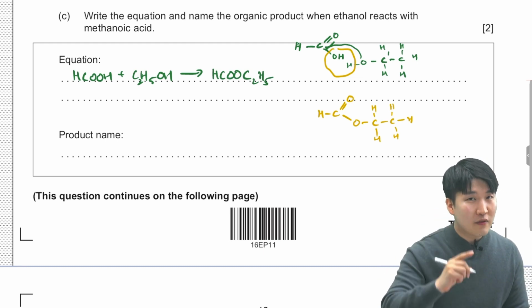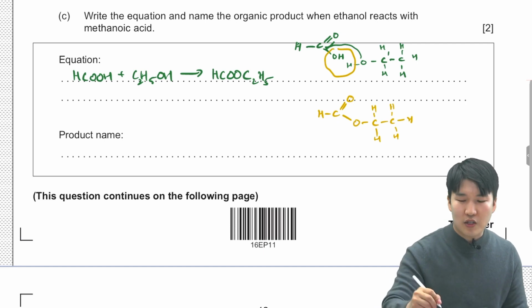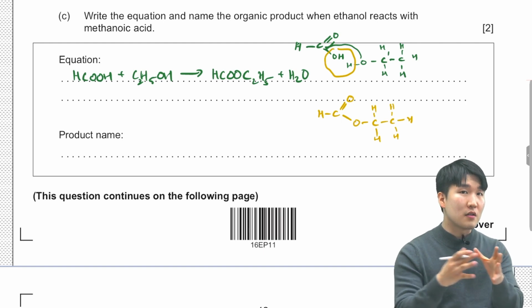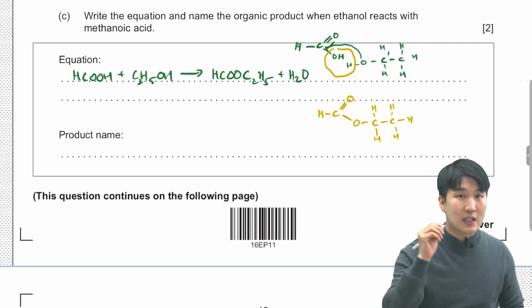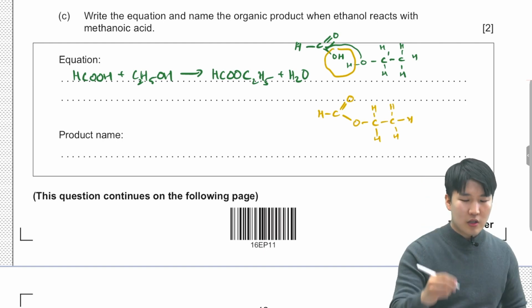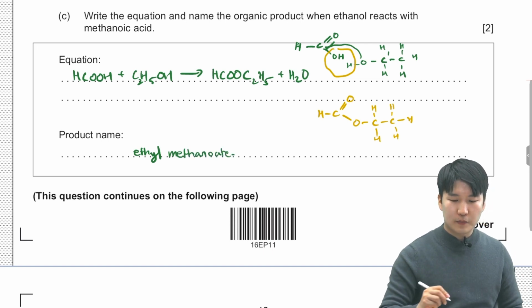No. If you left out the byproduct of this esterification reaction, you would not get the mark. This is called what? A condensation reaction. And therefore, it's indispensable that you put in water. And the product name? Ethyl methanoate. Okay.